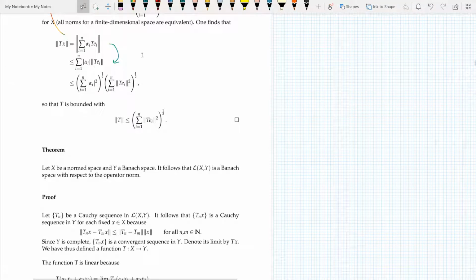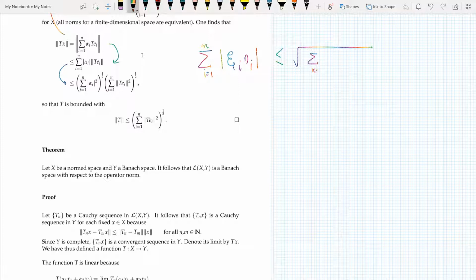But now when I have to go from here to here, I need to make use of an inequality. It's called the Cauchy-Schwarz inequality. So essentially what the Cauchy-Schwarz inequality says is this: the sum of xi_i eta_i, i ranging from 1 to n, is less than or equal to the square root of the sum over k from 1 to n of xi_k squared, times the square root of the sum over m from 1 to n of eta_m squared.